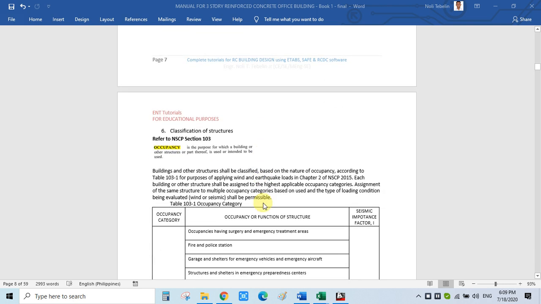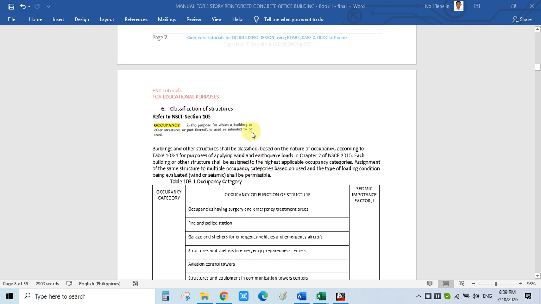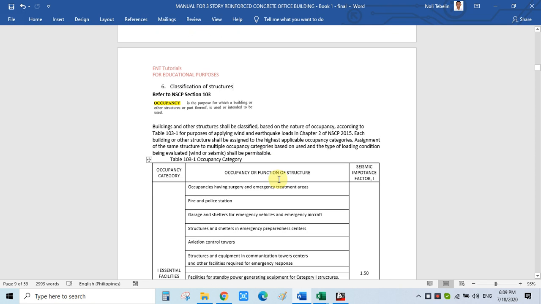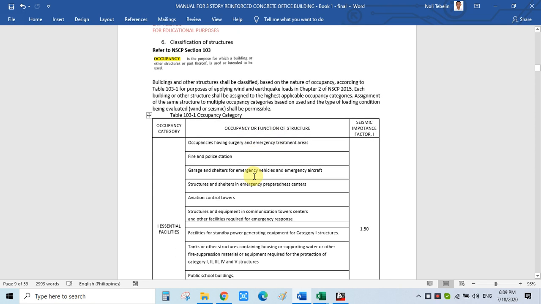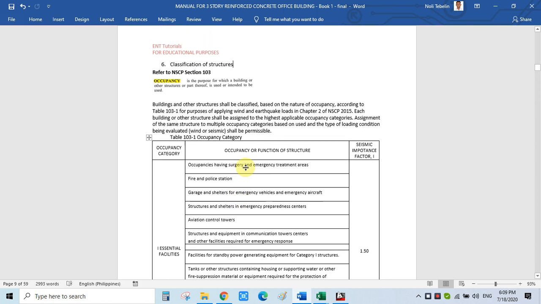So, punta muna tayo sa classification of structures. Unang-una, pag mag-design ka, yung classification of structures ay titingnan mo. So, we have occupancy category. Refer to NSCP section 103. So, you have this table.